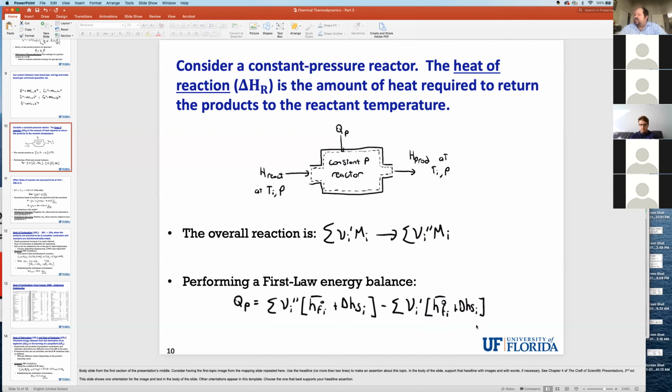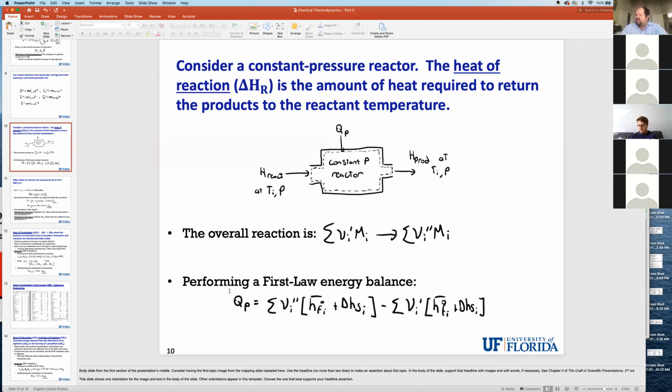I'm not going to go through that, but in the special condition that the products exit the combustor at the same temperature at which the reactants came in, we are going to have to either add or remove some heat.